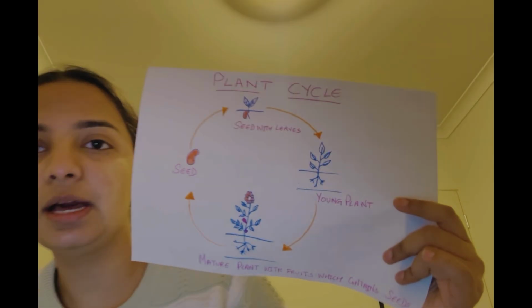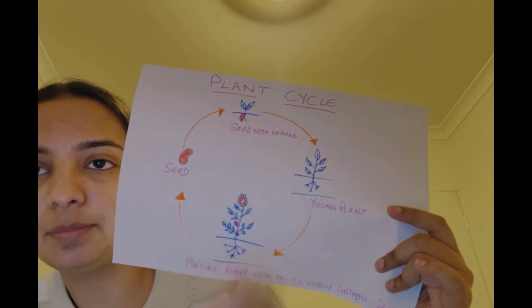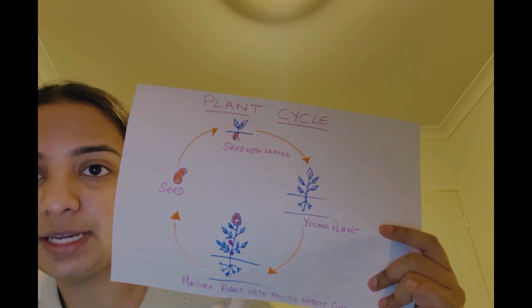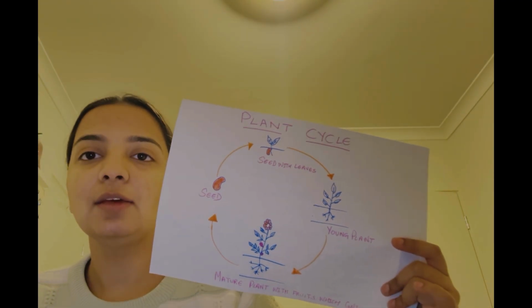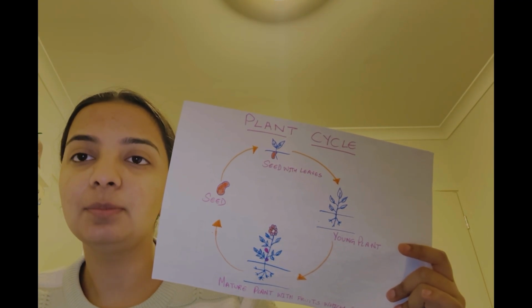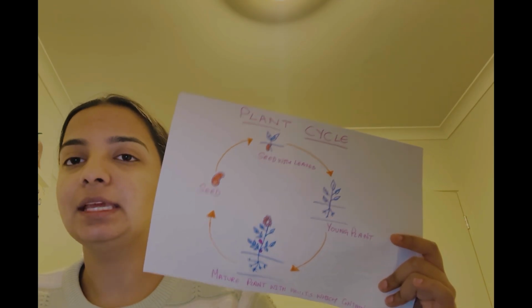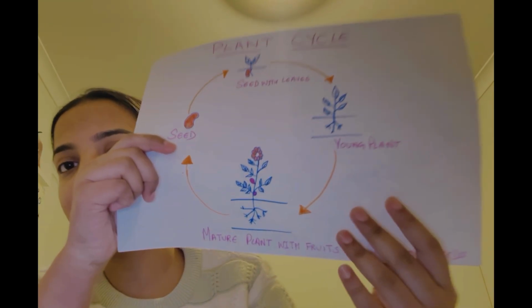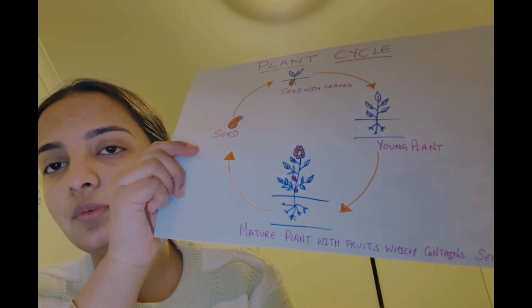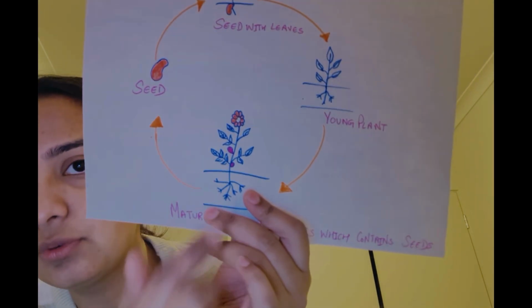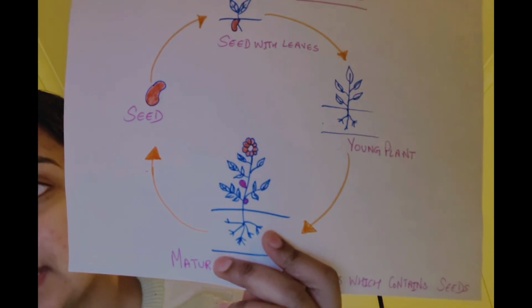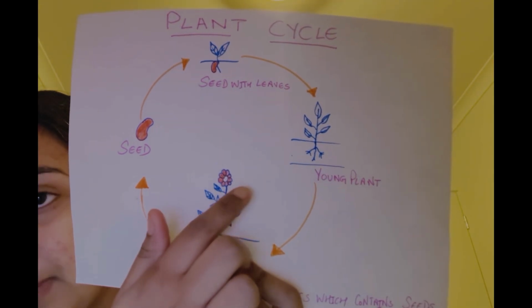This becomes a plant with more roots and more leaves, and this is the young plant, we can say. When it grows up, it becomes mature, and in the end we can see the big plant here. This is the mature plant, with the flower and some fruits, and it has more roots as compared to the young plant.